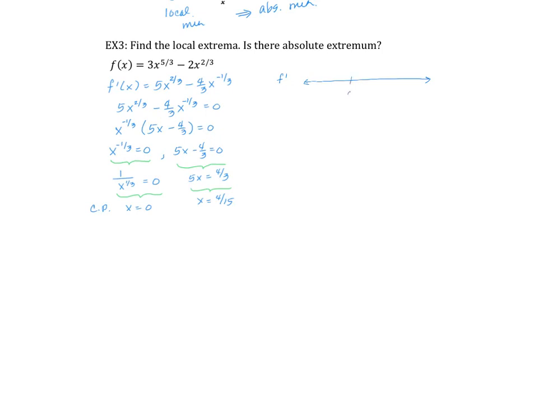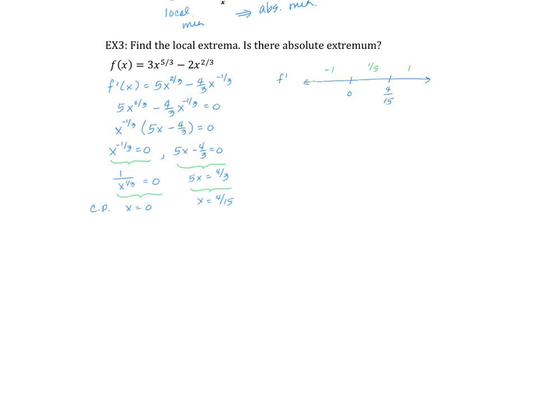I have 0 and 4 over 15. A good test point would be -1. From 0 to 4 over 15, well, 3 over 15 is in there, which would be 1/5. And for greater than 4 over 15, I'll use 1 as the test point.